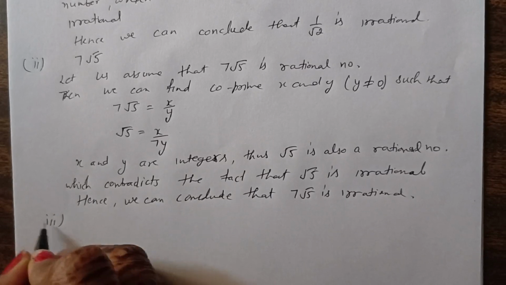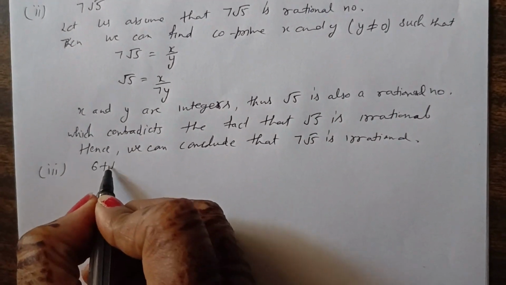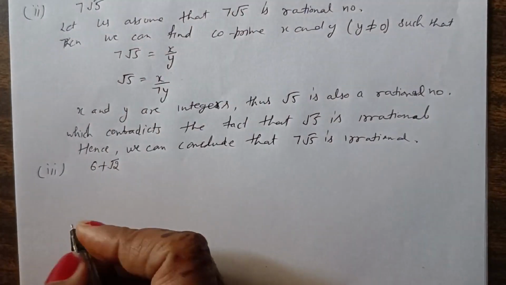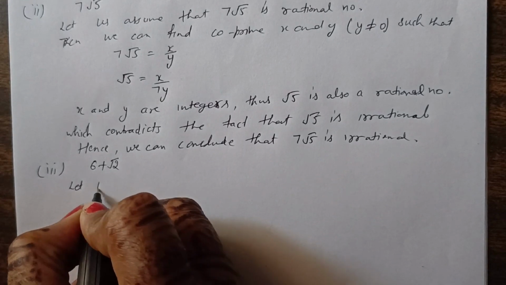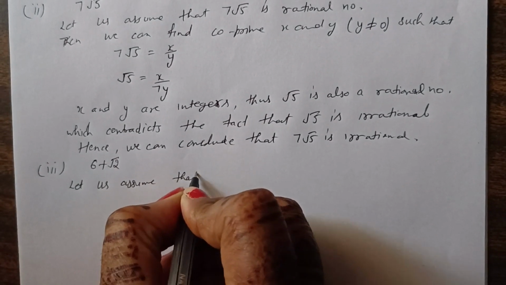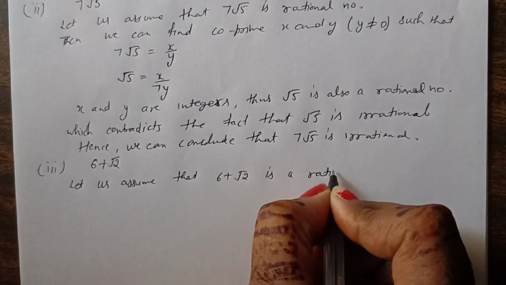Third one. Now we solve the third part, 6 plus root 2. Like the first two sums, let us assume that 6 plus root 2 is a rational number.